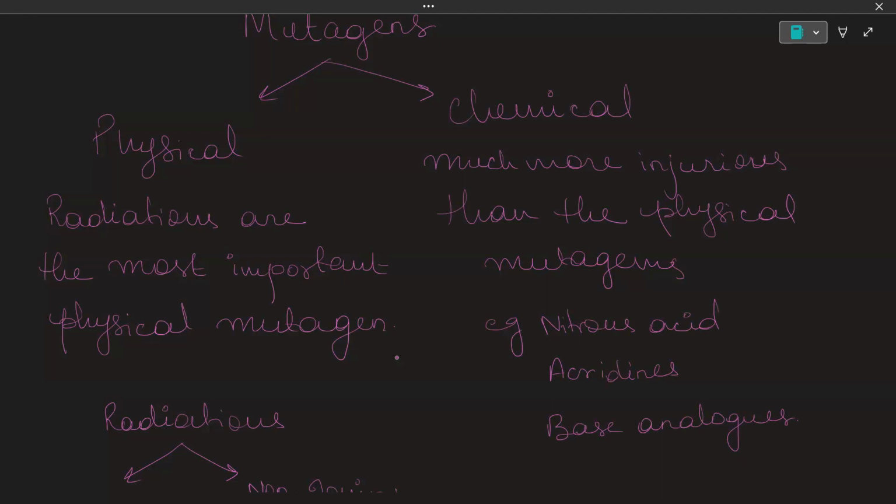No, ma'am. Okay, can you people quickly tell me what is the meaning of haploid? Half the number of chromosomes. Right. And what is diploid?